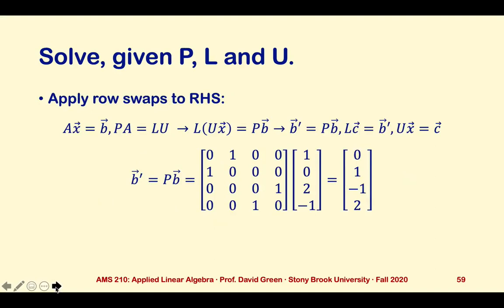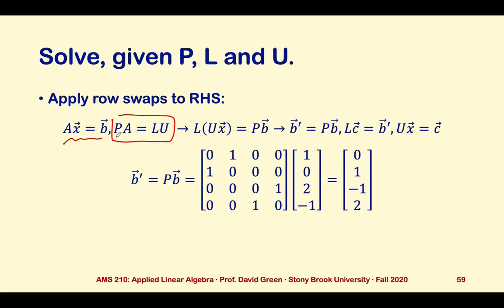Okay. The first step in this process has to be applying the row swaps to the right-hand side. Similar to the last problem, we're going to start with our Ax equals b and our encoding of A as an LU decomposition.